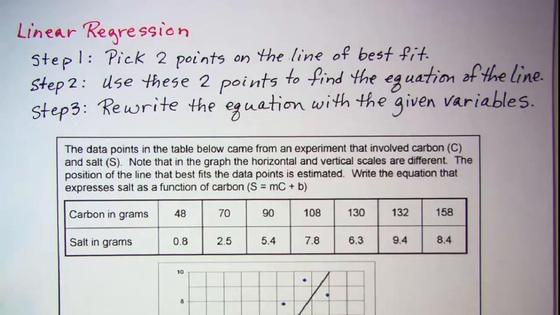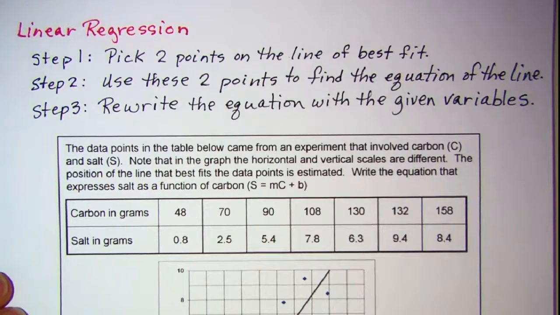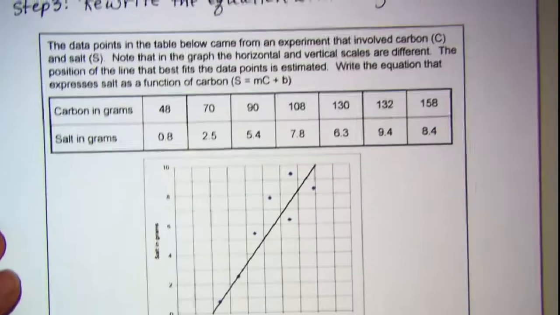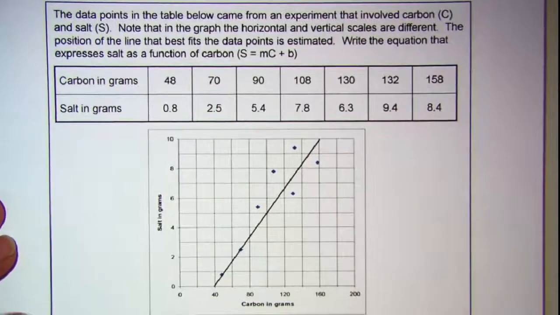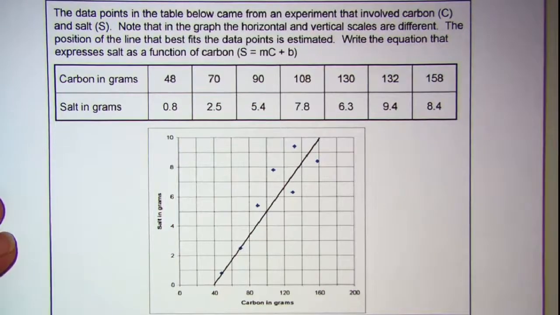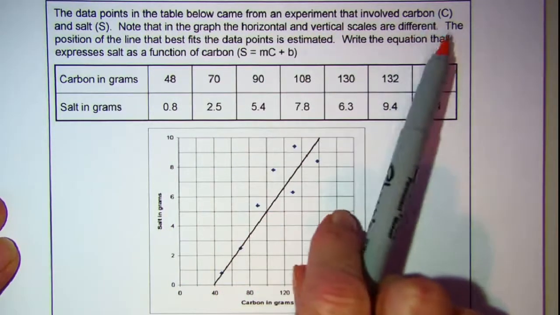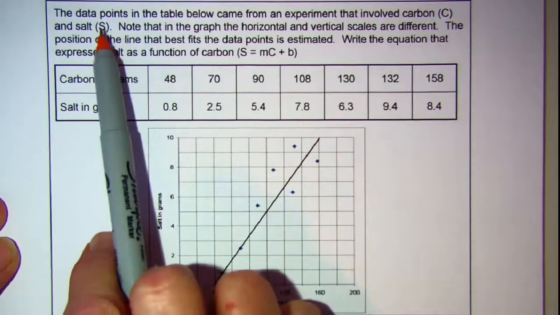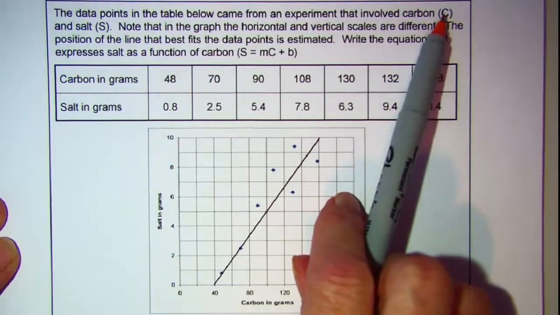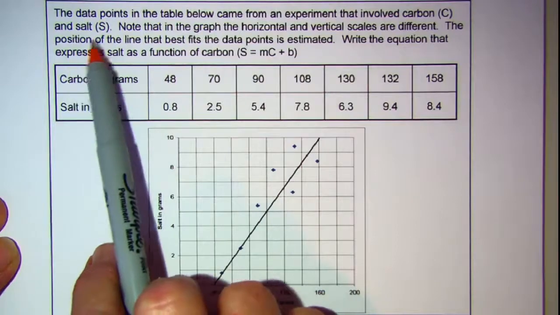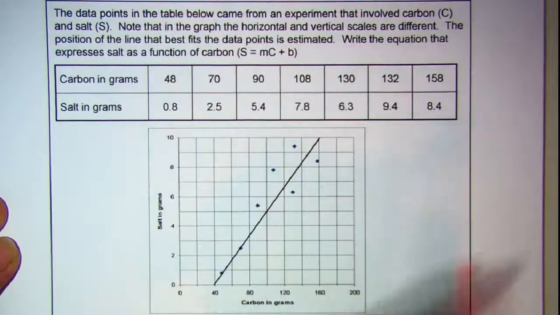For these problems, we will already have our data points plotted and a line of best fit drawn. For example, let's look at this problem. The data points in the table below came from an experiment that involved carbon, which they'll use C for carbon, and salt, they'll use S for salt.